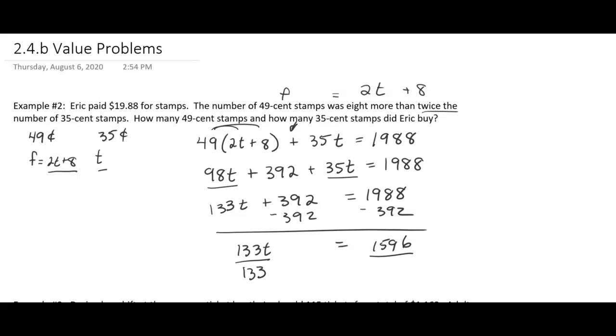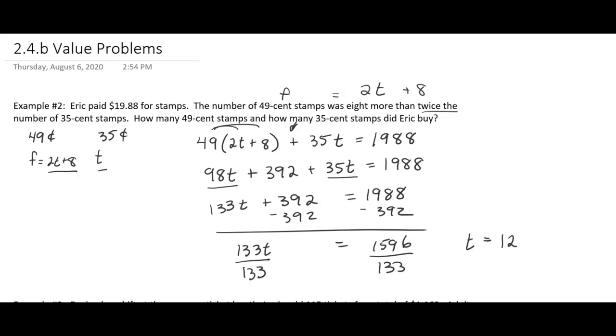I'm going to know in a minute, because remember I said it's got to be a whole number. So T is going to equal, all right, back to my calculator, 1596 divided by 133, 12. Okay, good. 12 what? Okay, so now we have to answer the question.